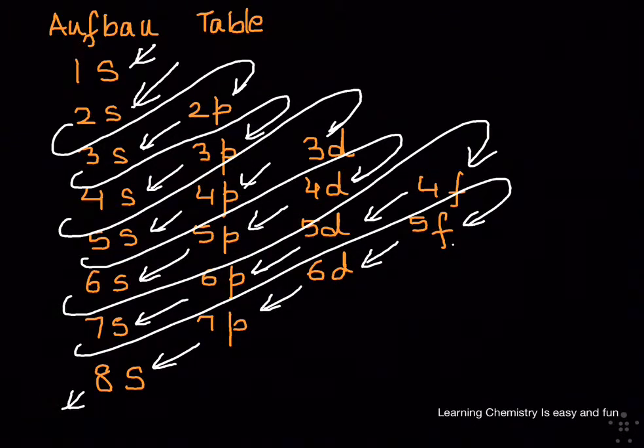This is the simplest way of drawing the Aufbau table and remembering it also. It would be better if you can practice a few times so this becomes easy for you to write the electronic configuration of the elements.